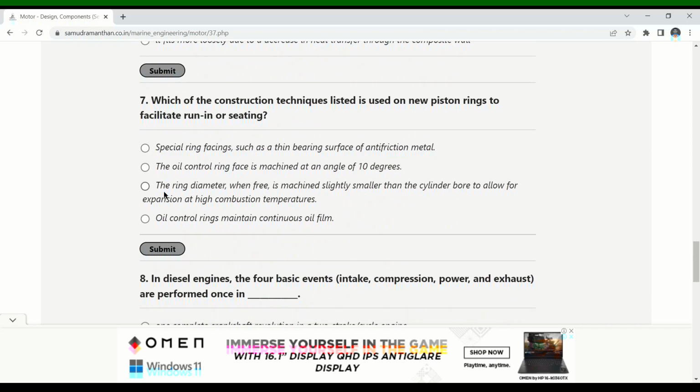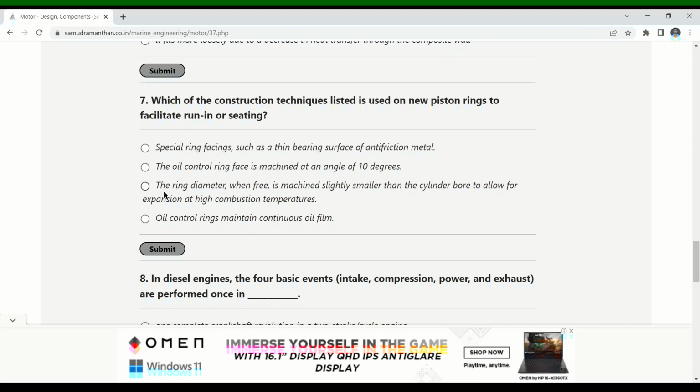Our next question is, which of the construction techniques listed is used on new piston rings to facilitate run-in or seating? And the options are, a special ring facing such as a thin bearing surface of anti-friction metal. The oil control ring face is machined at an angle of 10 degrees.